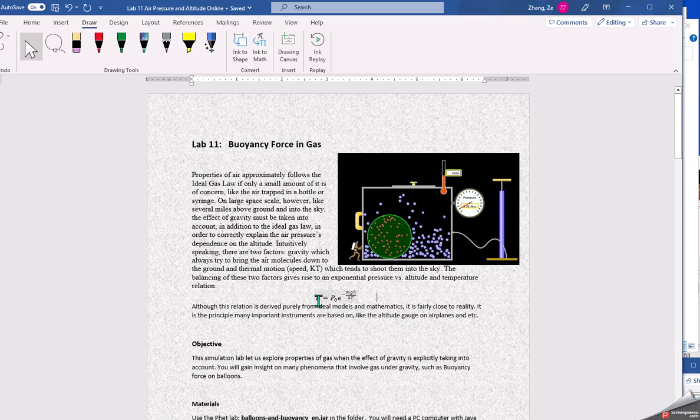So look at the exponential function. Although this relation is derived purely from the ideal model and mathematics, it is very close to reality. In principle, most instruments that find altitude, such as altimeters or airplane gauges, are based on it.